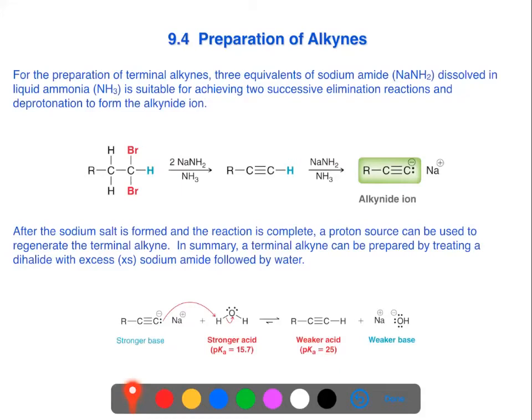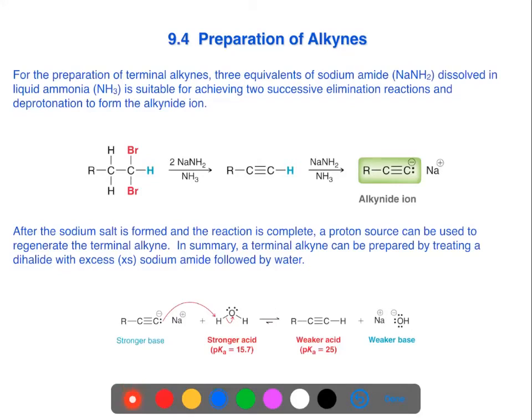It's at this point, because what we form from that reaction of the alkynide and water is a weaker set of acids and bases. We form a weaker acid, that of the terminal alkyne, and a weaker base is formed, the hydroxide ion. And so this ensures that you get completion of this particular reaction, that you actually form the terminal alkyne that you set out to make in the first place.